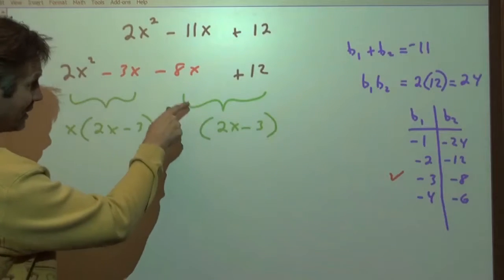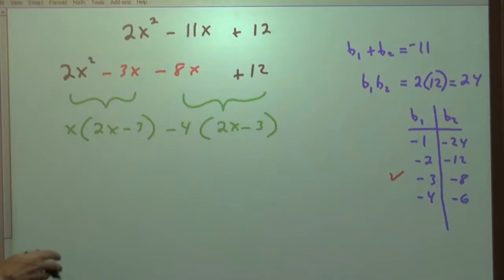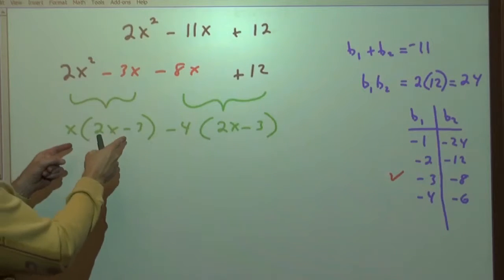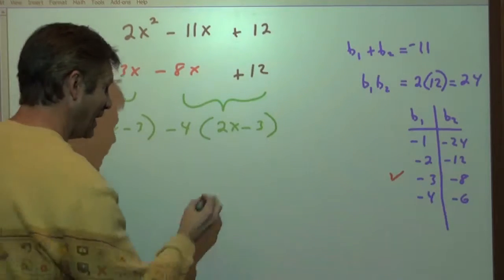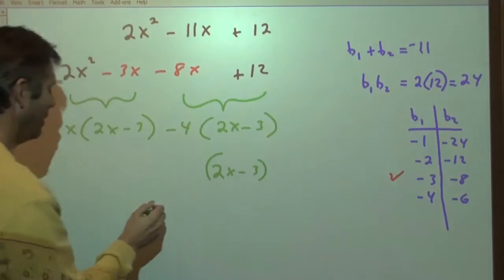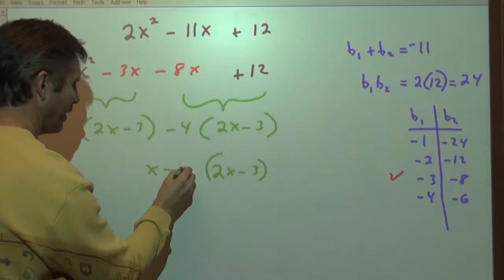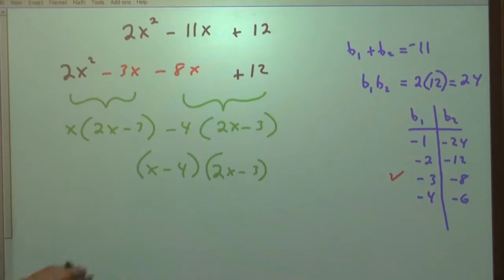So for that reason, let's factor out the negative 4. So make this a minus 4, and there we go. This is equivalent to that. So in the end, how many of the 2x minus 3's do we have? We have x of them here, minus 4 of them there. So altogether we have an x minus 4 times 2x minus 3. Done. We've factored that trinomial.